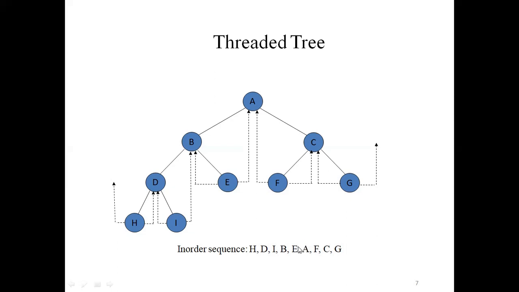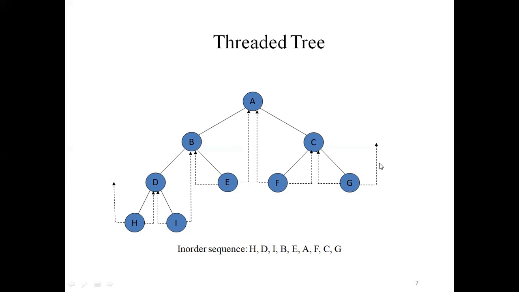Node A is the inorder successor of node E. Successor means the node which comes after that node. So the right field of this node will hold the address of node A instead of null. Similarly for all other nodes.